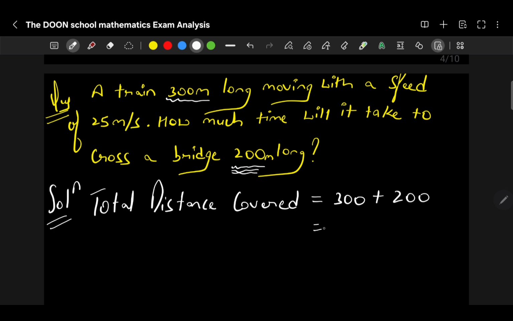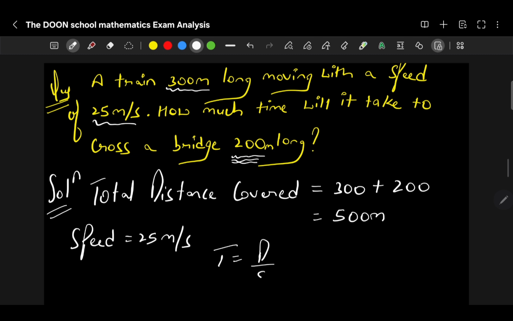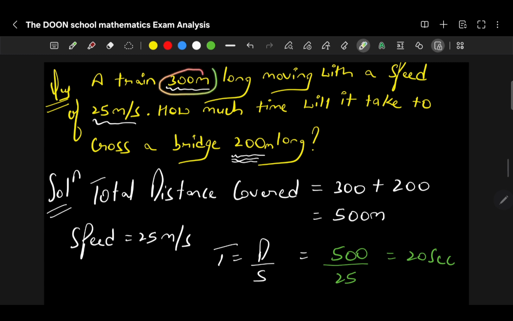So the total distance covered is 500 meters. The speed is 25 meters per second, and we have to calculate the time. The formula for time is distance upon speed. So the distance is 500 meters and the speed is 25. If you cancel it out, you will get 20 seconds. The train will take 20 seconds to cross this bridge.